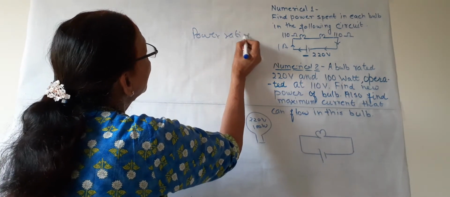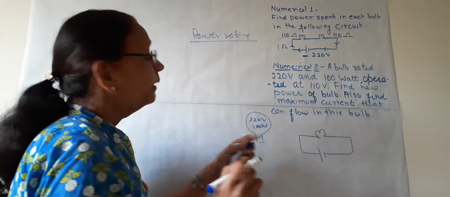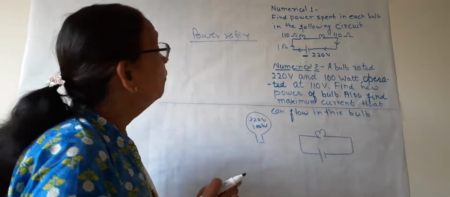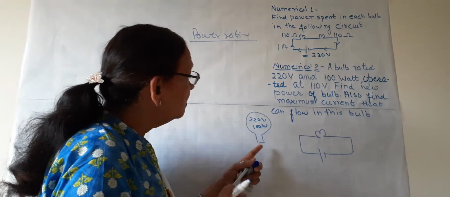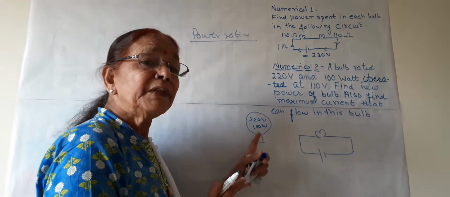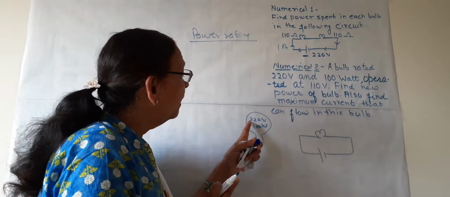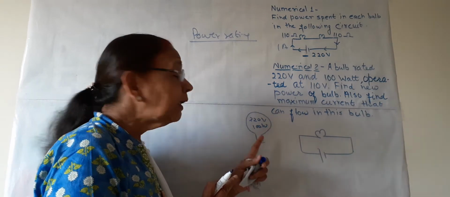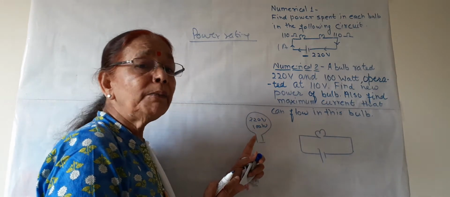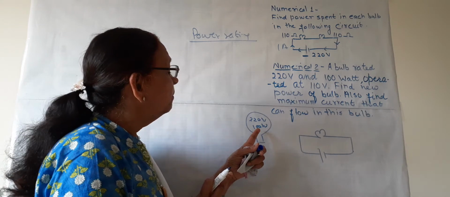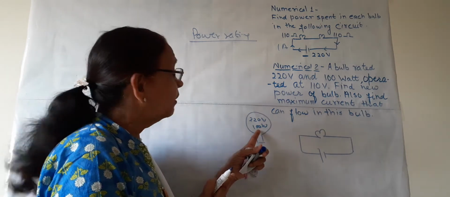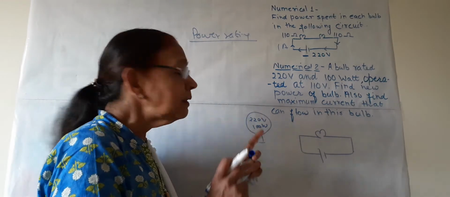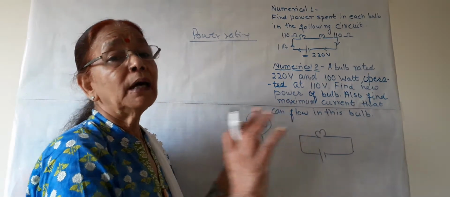The power rating of the bulb is what is printed on the bulb or any gadget. What does it mean? It means that if this bulb is supplied with 220 volt, it will have a power of 100 watt. But if the voltage is more or less, then the power will not be 100 watt.